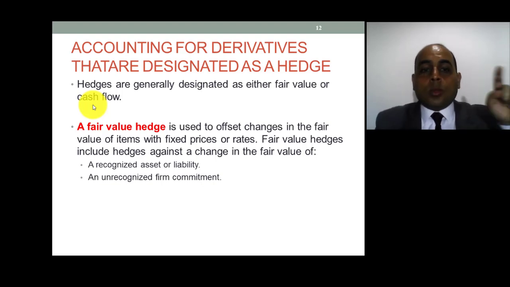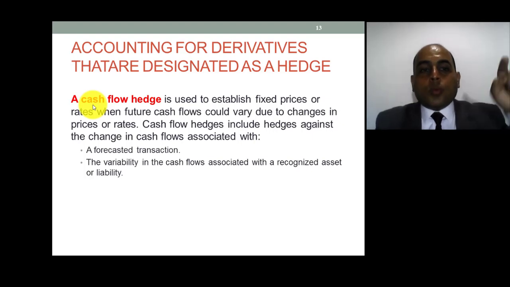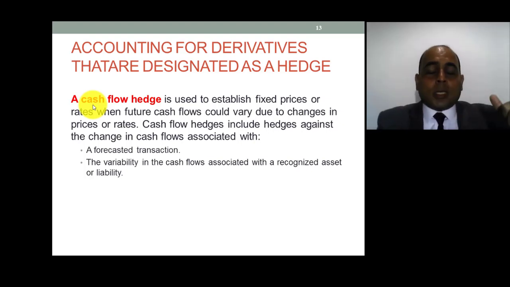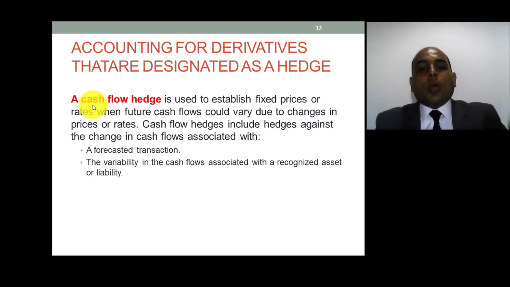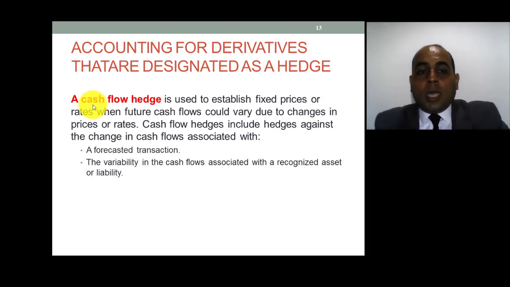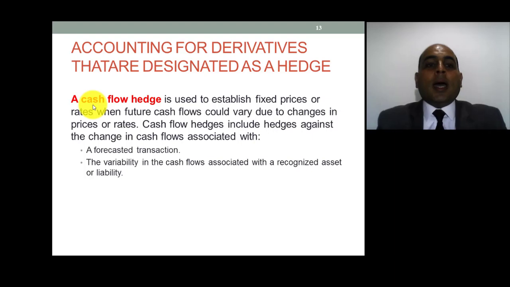As we enter into a fair value hedge, we recognize the gains as period income. Otherwise, when we talk about a cash flow hedge, we are talking about a forecasted transaction or the variability in cash flow associated with a recognized asset or liability. In this case, we will not recognize the gain as period income, but as other comprehensive income.